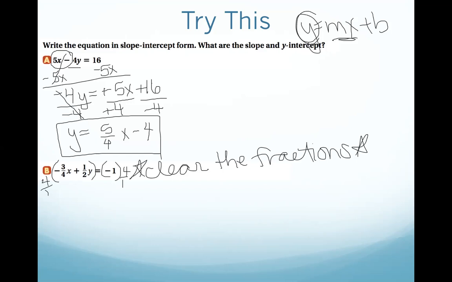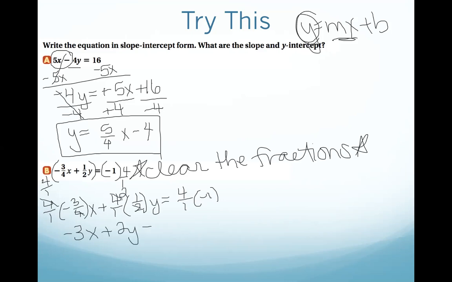Okay, so now I have 4/1 times negative 3/4 x plus, got to distribute, 4/1 times 1/2 y equals 4/1 times negative 1. So I just multiplied 4/1 times everything. So here the 4 will cancel out. I get negative 3x. 4 reduces to a 2 plus 2y equals 4 times negative 1 is negative 4.